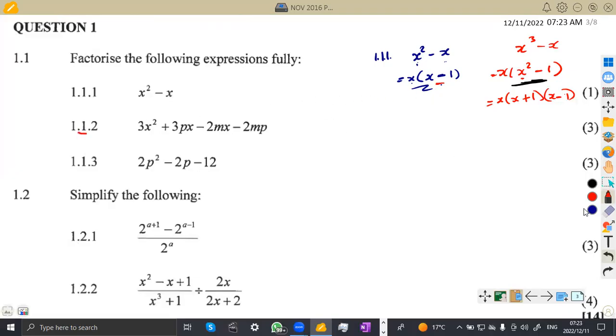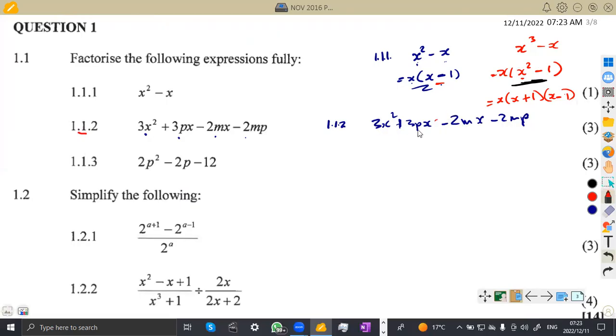Okay, on 1.1.2, we are given again to factorize. These are 4 terms: 1, 2, 3, 4. I always say that if you are given 4 terms like this, we've got 3x squared plus 3px minus 2mx minus 2mp, you're supposed to check if there are common terms for the first 2 terms and also for the last 2 terms.